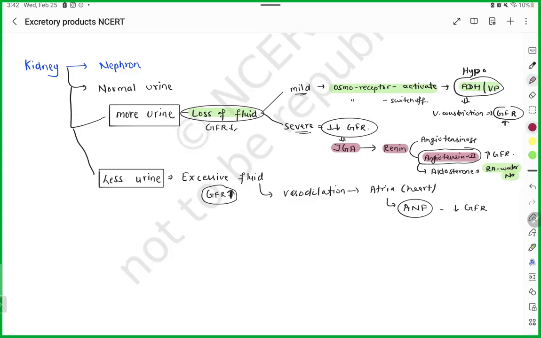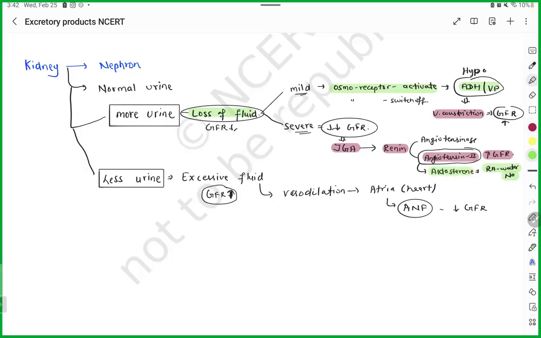What is the benefit of angiotensin 2? This is extremely strong vasoconstrictor. Same role of ADH, but strong form. And ultimately, it will increase GFR. Second benefit of this angiotensin 2 is it will act on the adrenal gland, produce aldosterone.